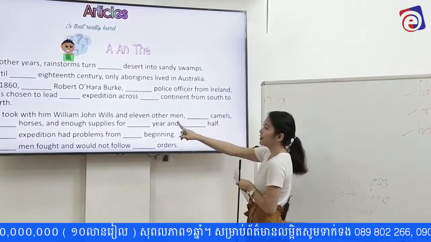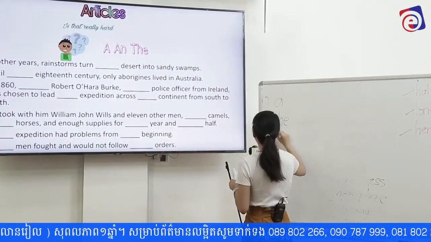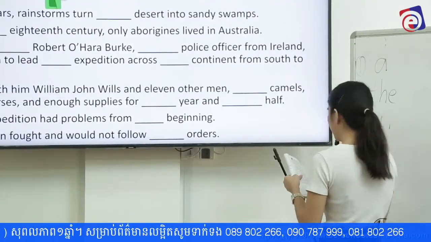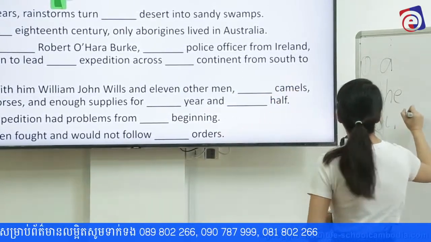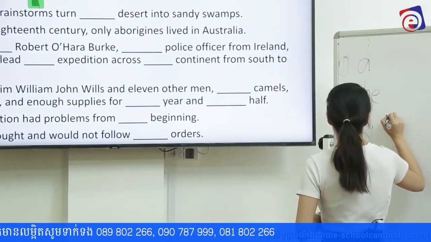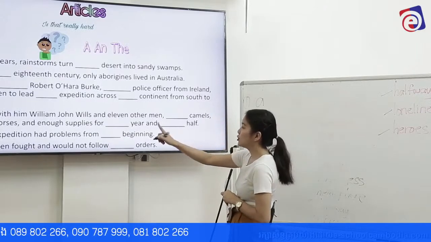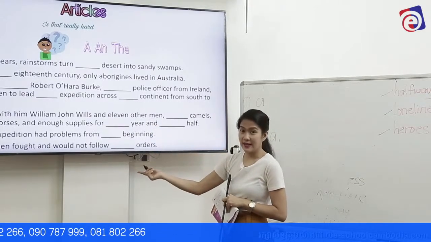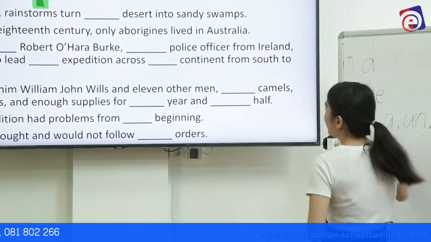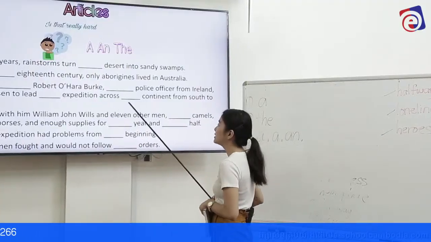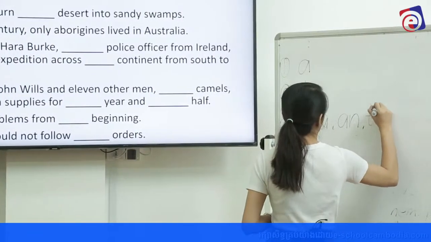Number 3, the first blank, in 1860, a Robert O'Hara Burke, so a police officer from Ireland. So it's still a. Was chosen to lead an expedition. So an. And the last blank is across the continent. So the.